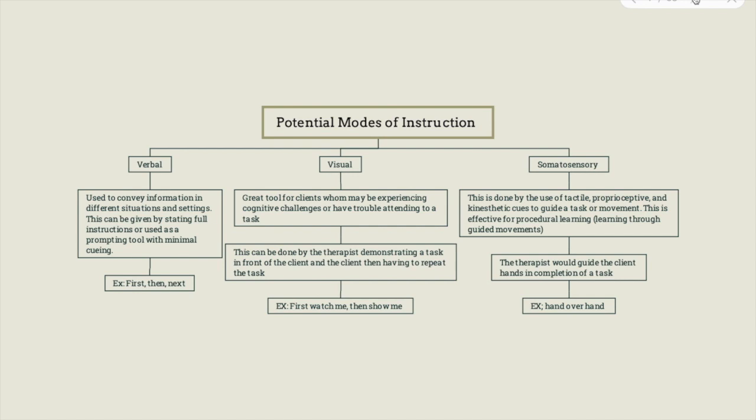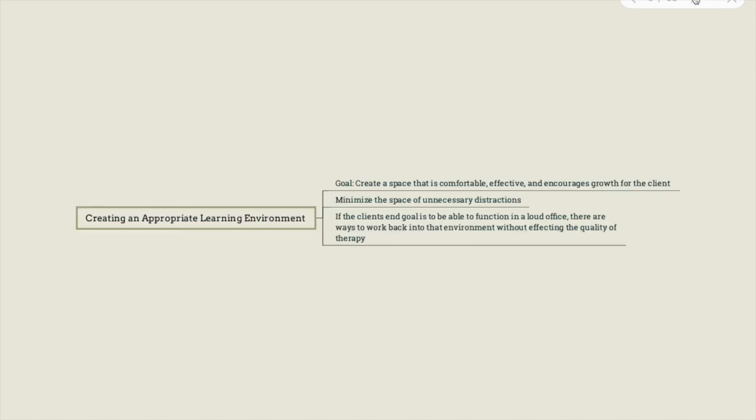This can be done by the therapist demonstrating the task first, and then having the client repeat. So first watch me, and then show me. And then there's somatosensory, and this is done through tactile, proprioceptive, and kinesthetic cueing. Also seen as guided movements. So you'll see this a lot with hand over hand type instruction.